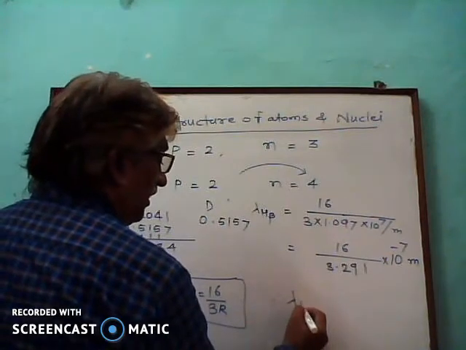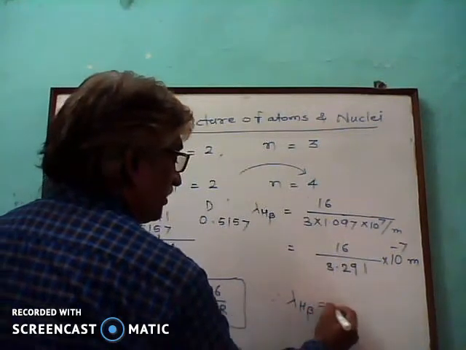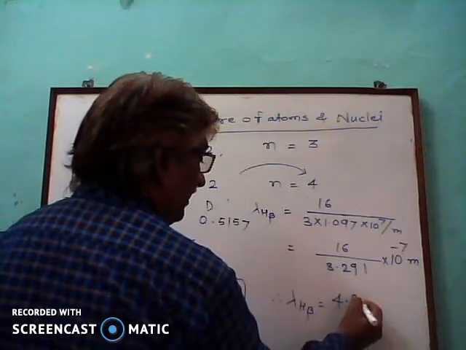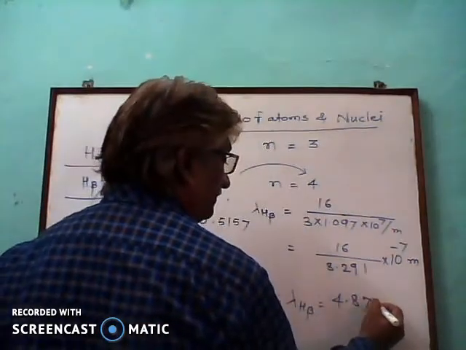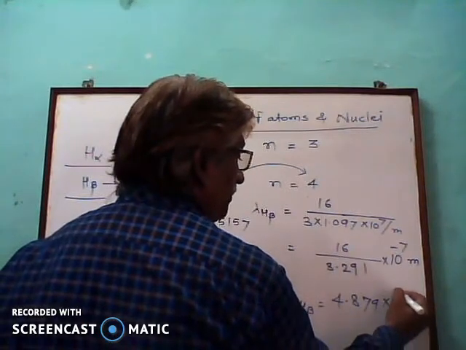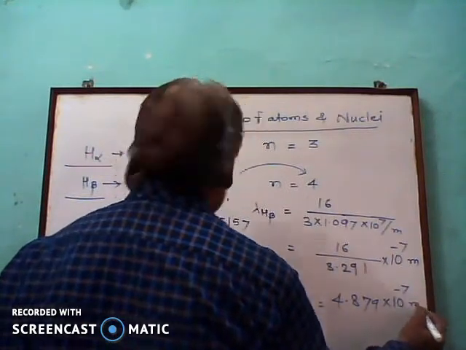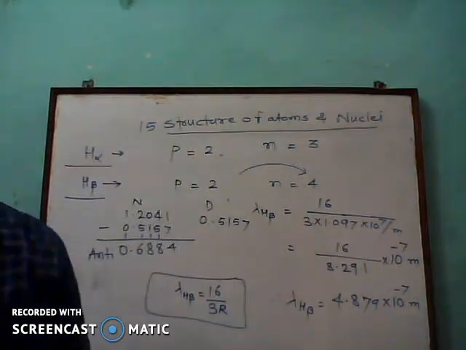Therefore, lambda H beta is equal to 4.879 into 10 to the power minus 7 meter, which is for H beta.